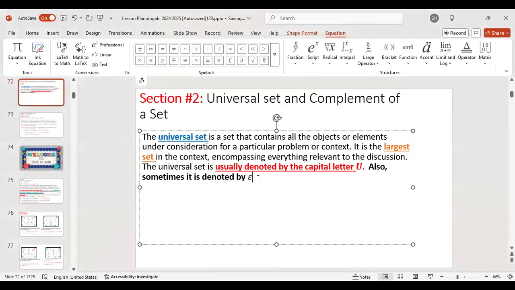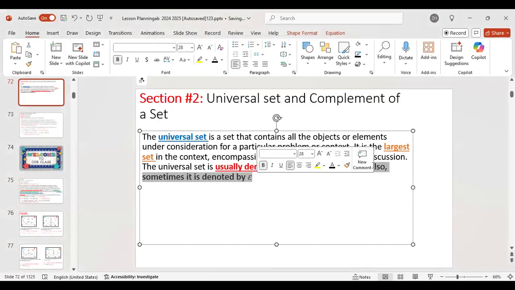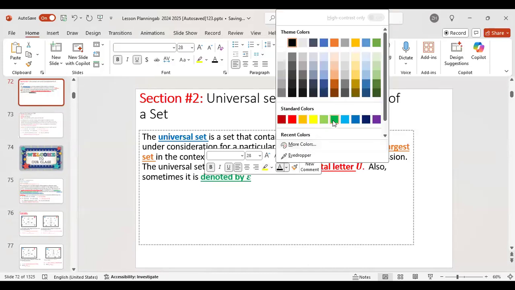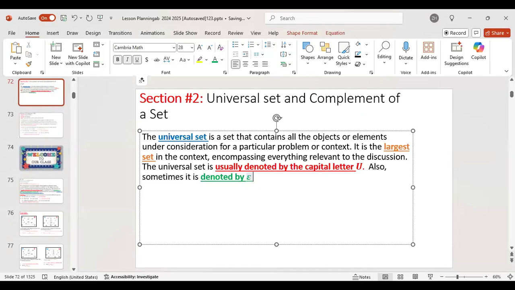Please do not confuse this with element of. Some people do that. This is not element of. This is universal set. It kind of looks like epsilon though. This is epsilon. So denoted by epsilon, which is the Greek letter epsilon.